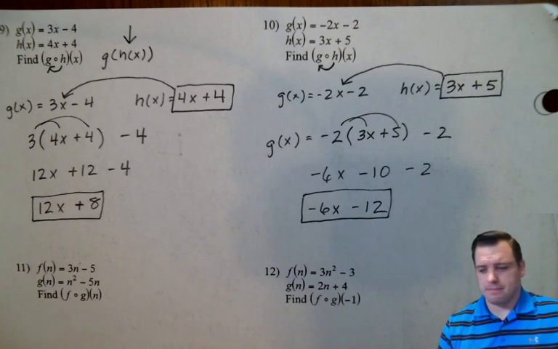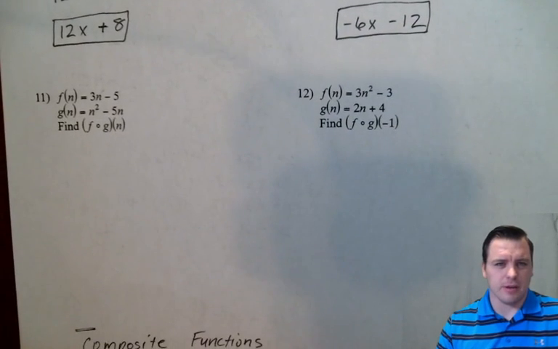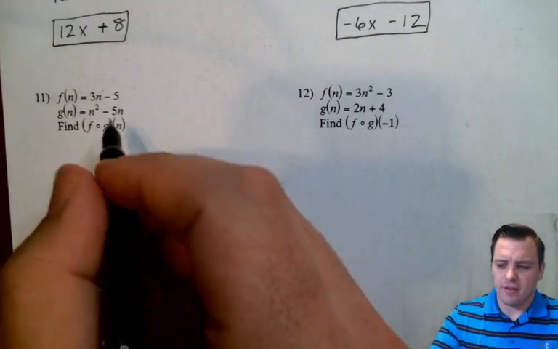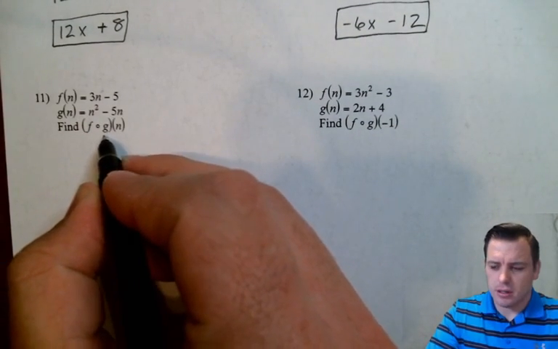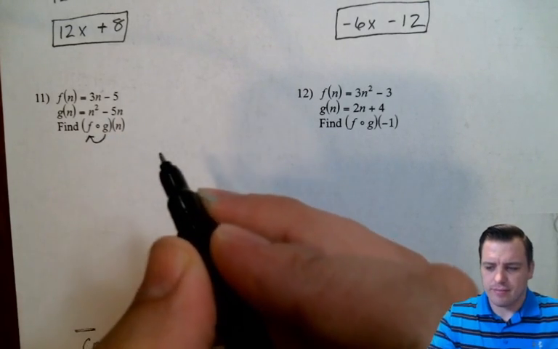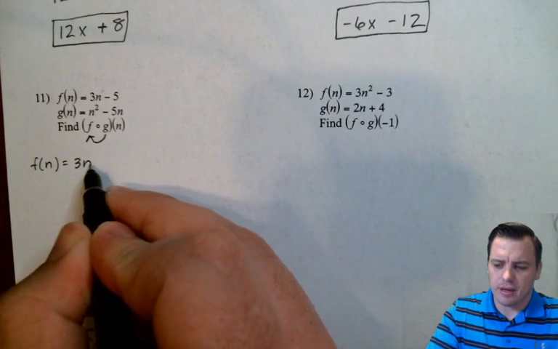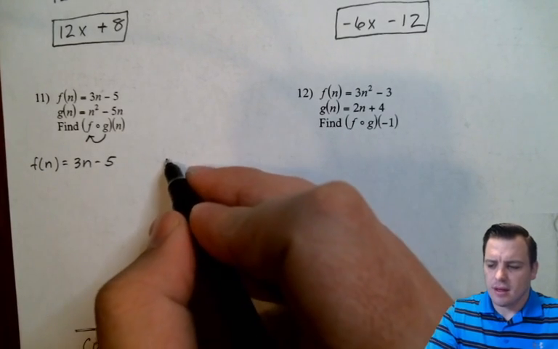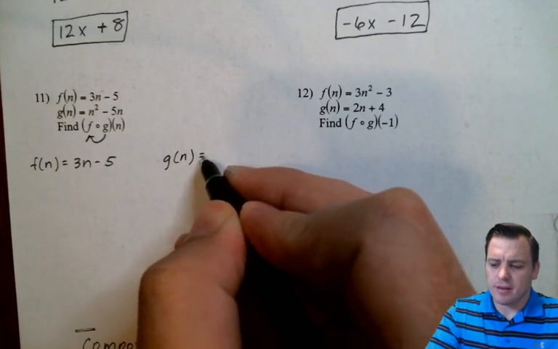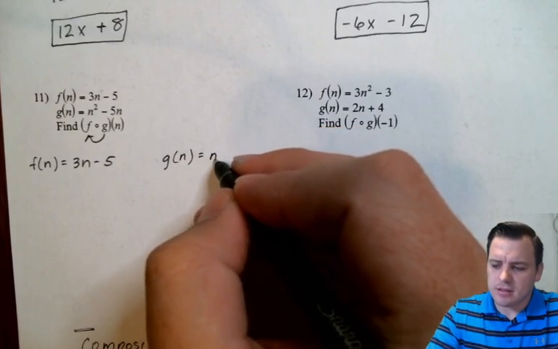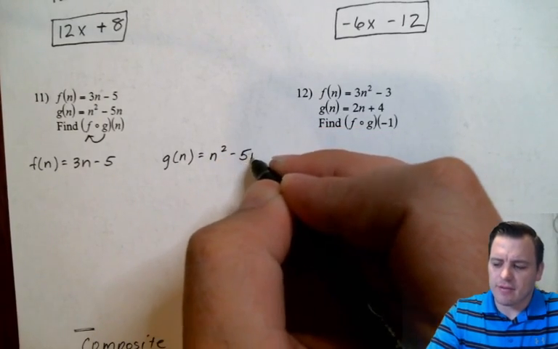Good, Maddie. All right, jumping down here to number 11. f composed with g. Put g into f. So f of n is equal to 3n minus 5, and g of n is equal to n squared minus 5n.